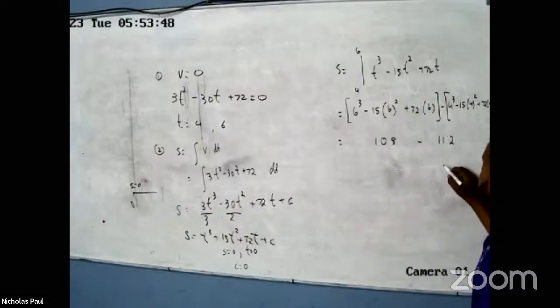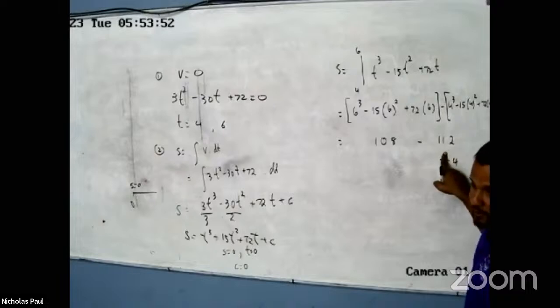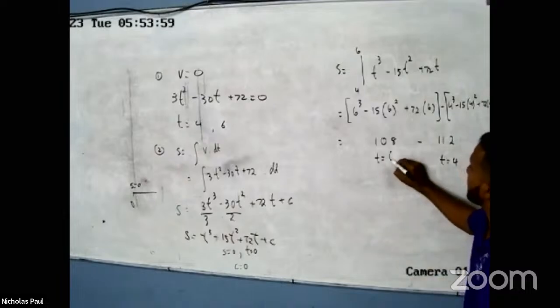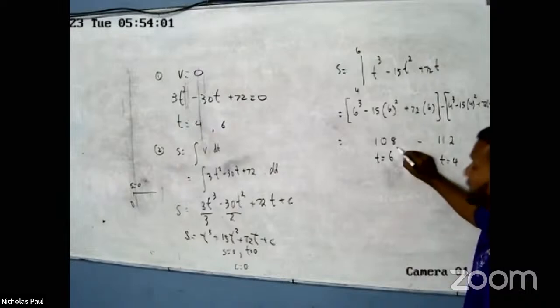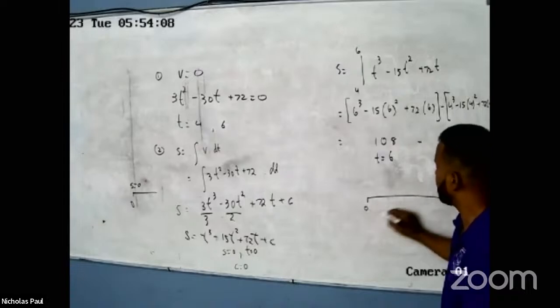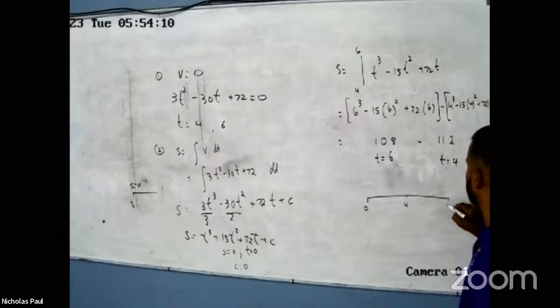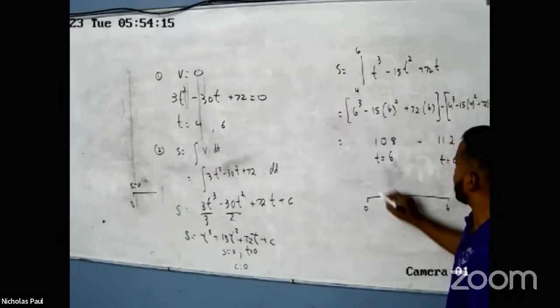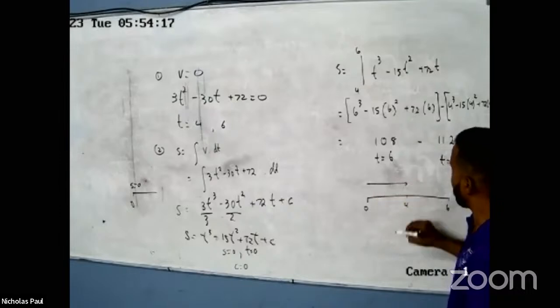So when t is 4 seconds, that was the displacement. When t is equal to 6 seconds, that was the displacement. So here's 0, here's 4, here's 6, time-wise. It appears that they would have traveled this way. That would have been 112 meters.